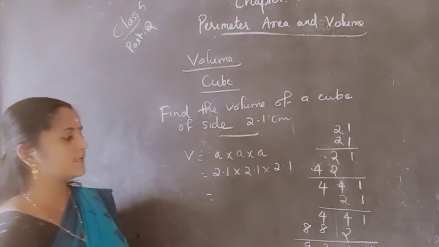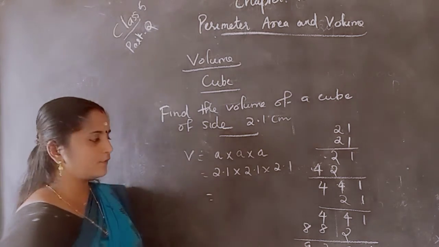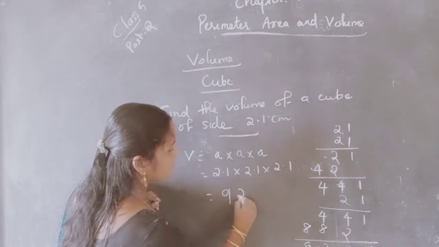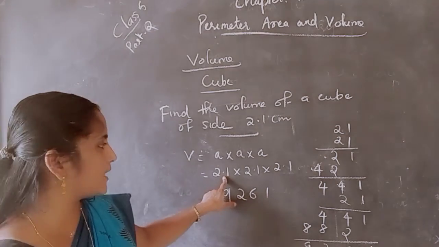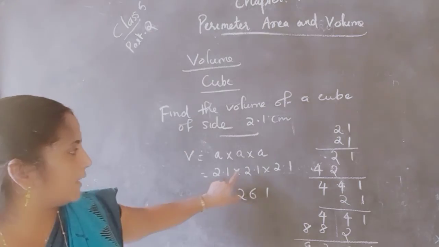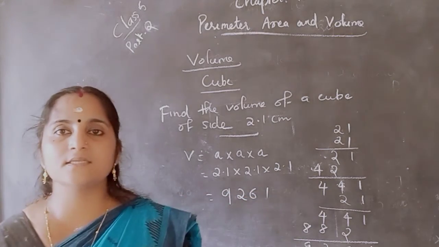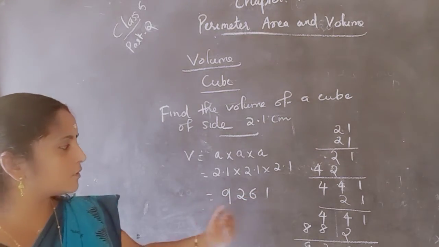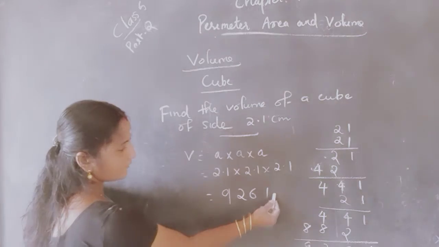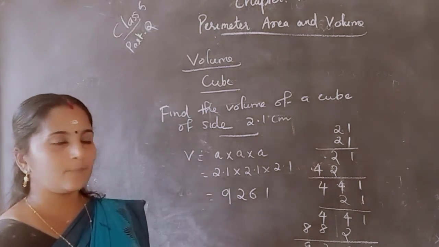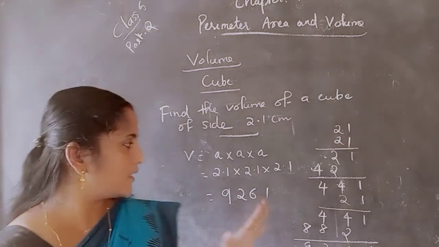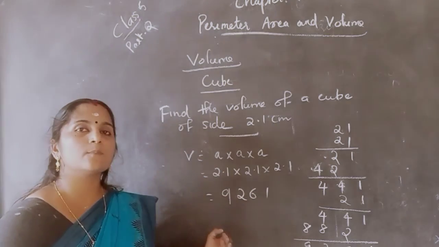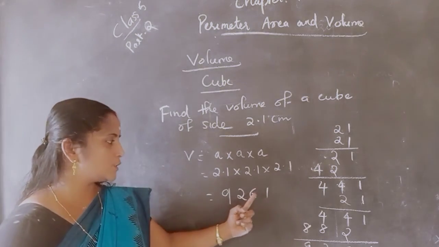Is this the final answer? This is not the final answer. 9261 we get, but here in total how many digits are there after the decimal point? 1, 2, 3. 3 digits are there. So we move 3 places to the left from the end, because if the decimal point is not marked in a number, it means the decimal point lies at the end. From that end point we move 3 places to the left. 1, 2, 3.